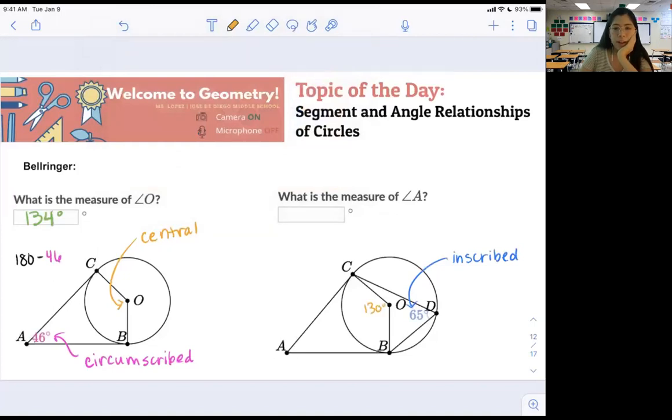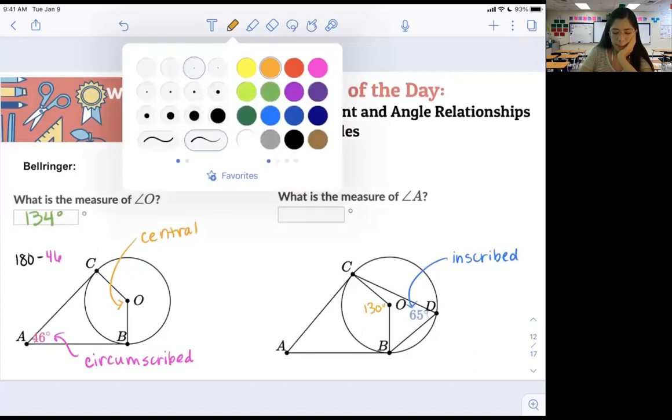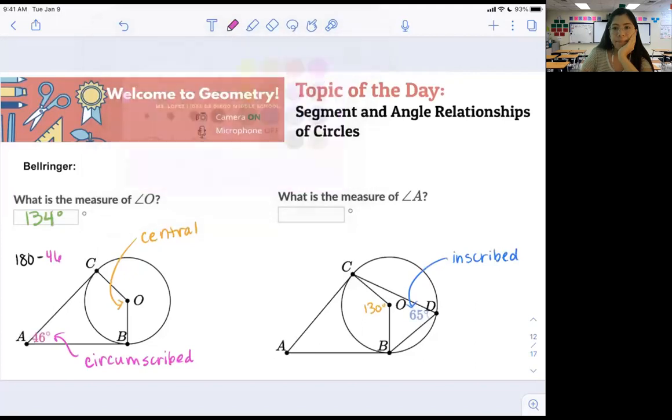And then from there, how do I find the last one? So you got 50 degrees. How'd you get that? Again, subtracting from 180. So angle A is 50 degrees.